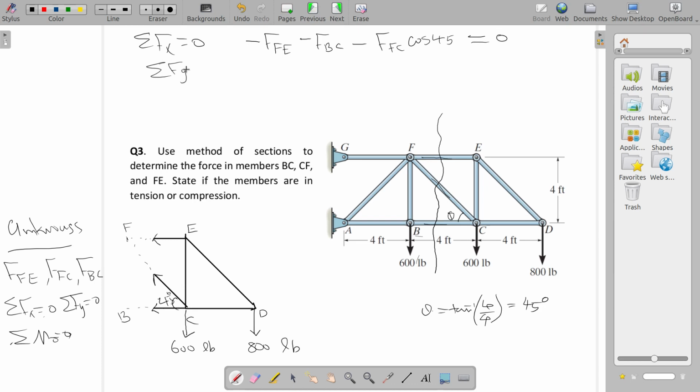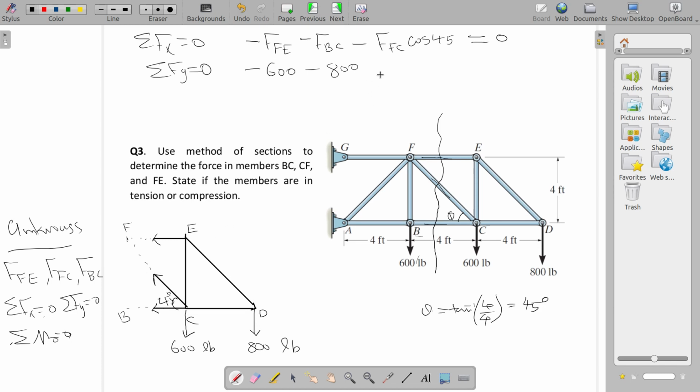Net force in y direction should be 0. So FFE and FBC are fully horizontal, so they are not there in y direction. Minus 600 is downwards, it should be negative. Minus 800 is again downwards, so negative.